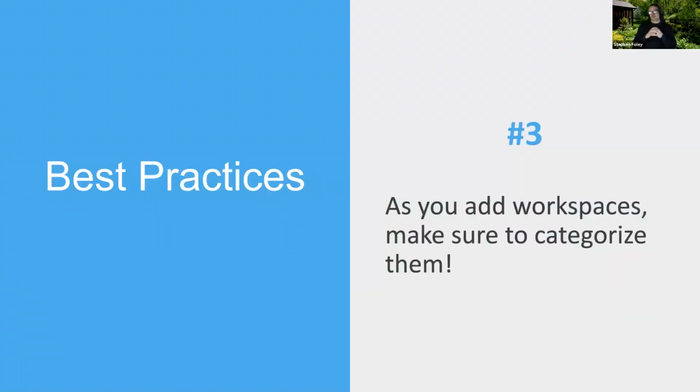And then finally, there's a lot of really cool applications for Workspaces. Once you start designing your first couple, it opens your eyes to other ways to deploy these areas that you can give to all your members or to very targeted audiences. The key is start categorizing them.